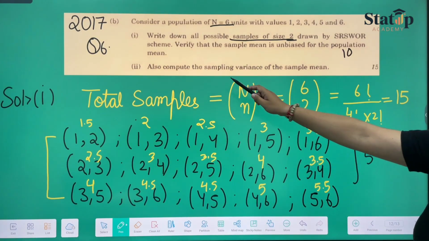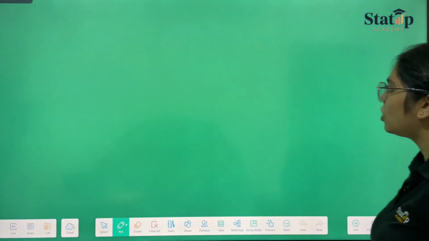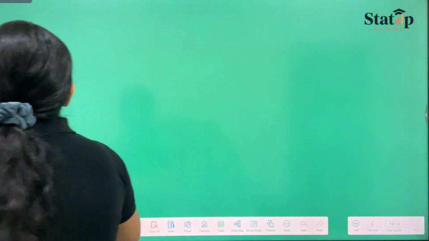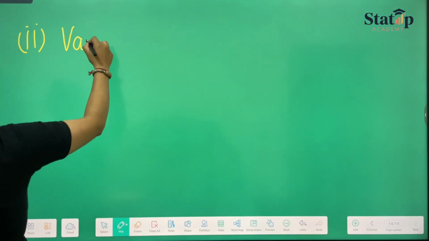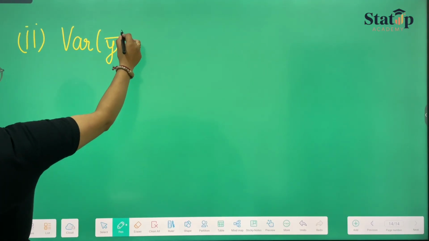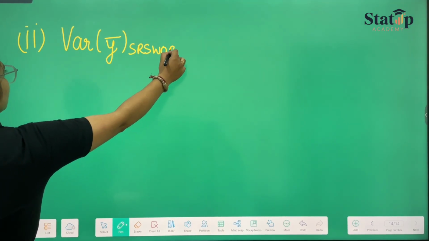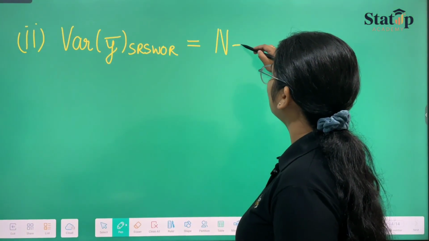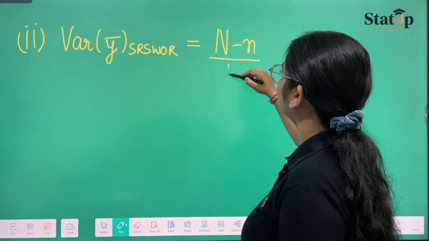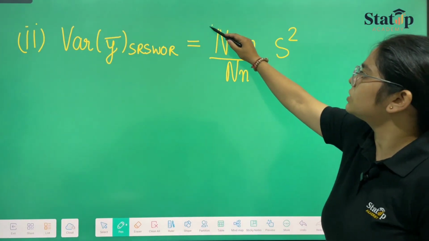Then, talking about the second part, also compute the sampling variance of the sample mean. The question says that we have to calculate the variance of y bar with simple random sampling without replacement. So it is equal to (N minus n) upon N n, capital S square. We should all remember the formula.